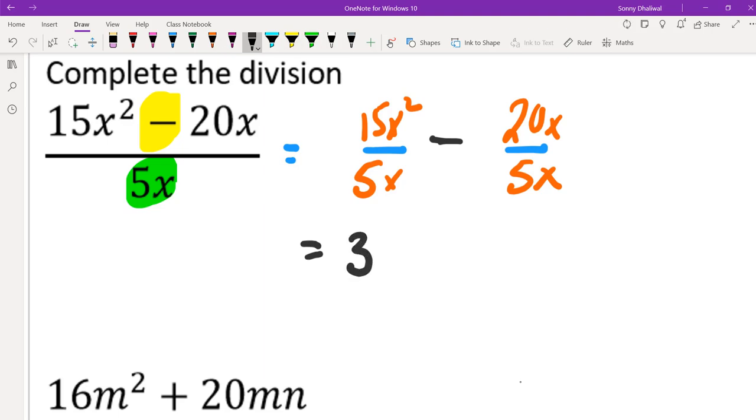And dealing with the x's, x squared and an x, subtract: 2 minus 1 is 1. 3x. Next one: 20 divided by 5 is 4, and the x's cancel out, so just a 4. And we make sure to bring that negative down with us. 3x minus 4.